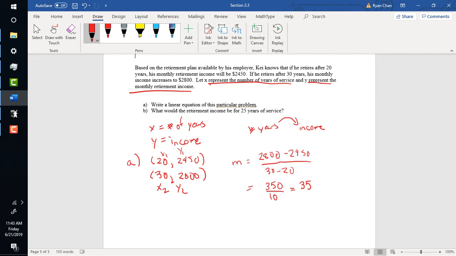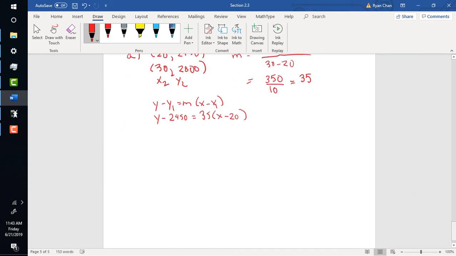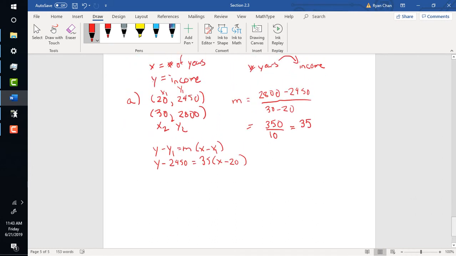Then I'm going to use my point slope form: Y minus Y1 equals M times X minus X1. So I have Y minus 2450 is equal to 35 times X minus 20. Okay, so distribute.